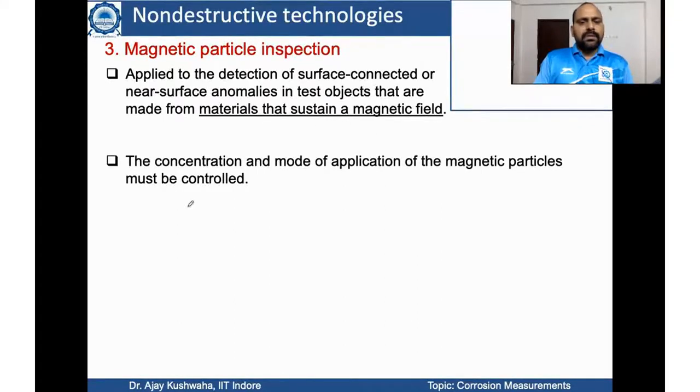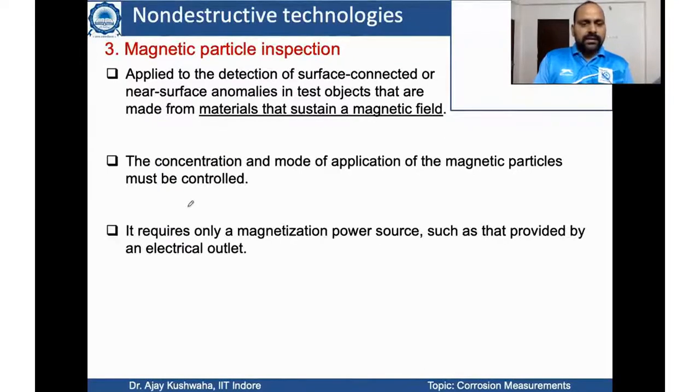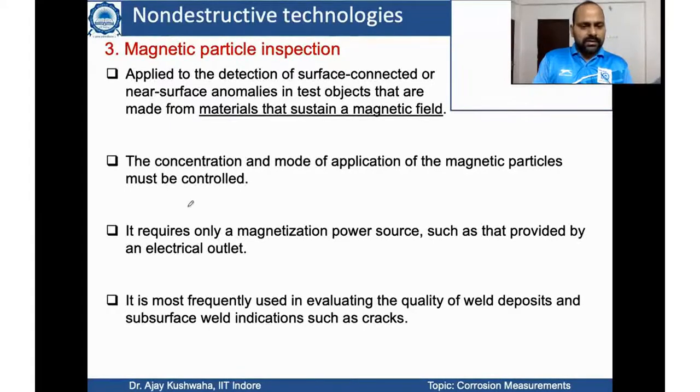Here we use magnetic particles and flow them over the test object, and we require some kind of magnetization power source. We can use an electrical outlet. In this method, the most frequent use is evaluating the quality of weld deposits and subsurface weld indications such as cracks.